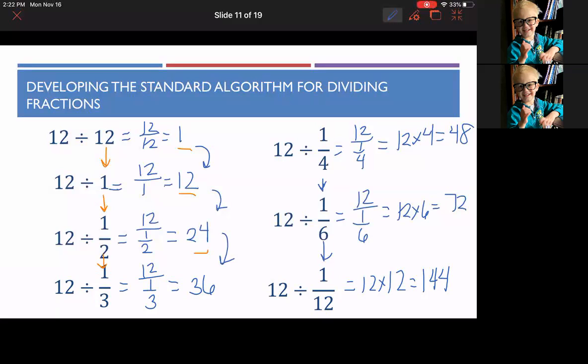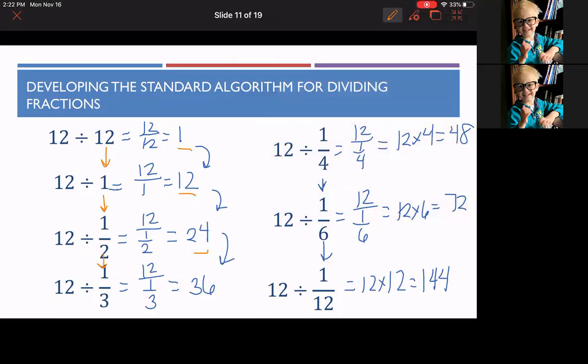I was just wanting you to get into this same understanding of where this idea of multiply by the reciprocal comes from. How many pieces are fitting in. And so if you can develop this with our unit fractions, 1/2, 1/3, 1/4, 1/5, 1/6, keep going.